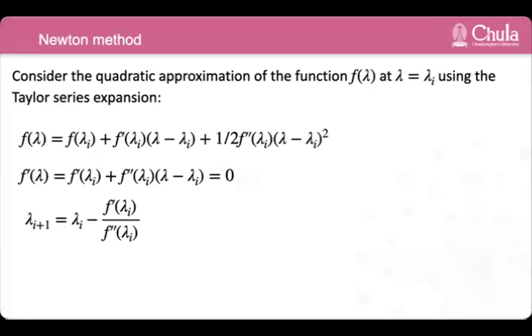You rearrange this expression to obtain lambda I plus 1, which is lambda I minus f prime lambda I over f double prime lambda I.